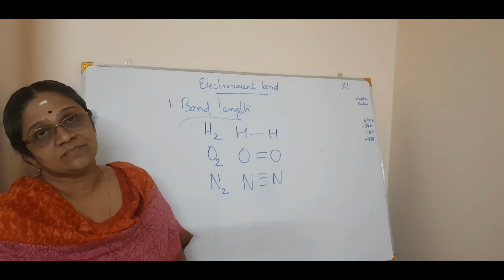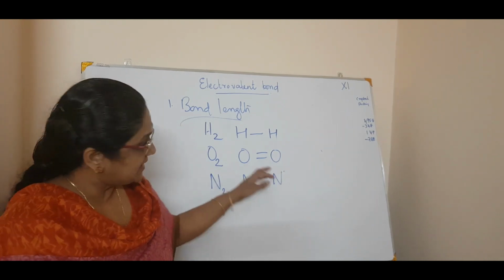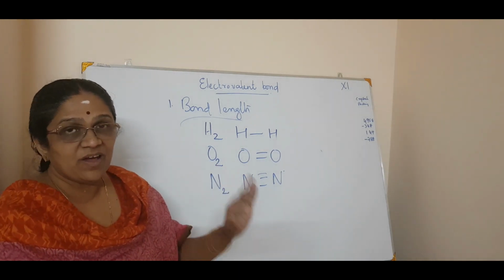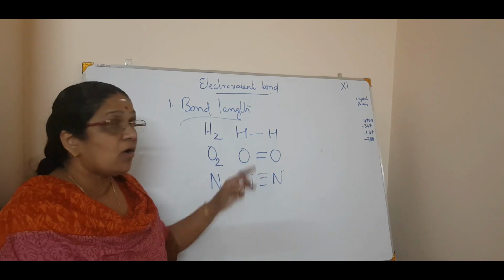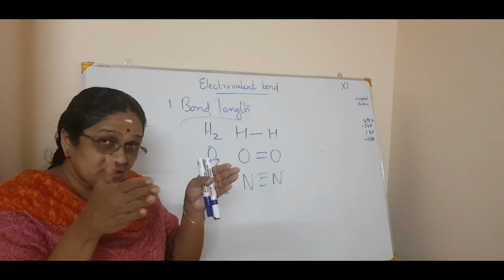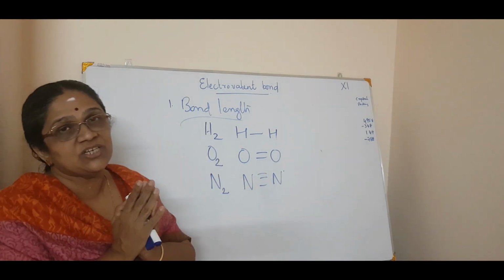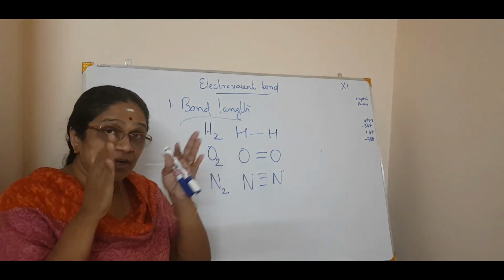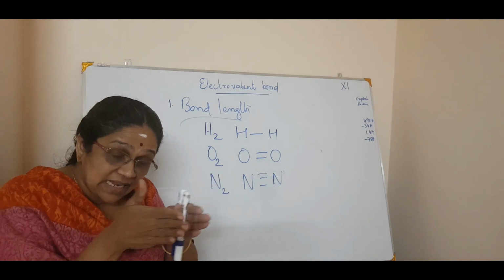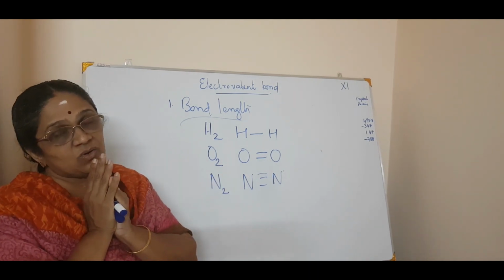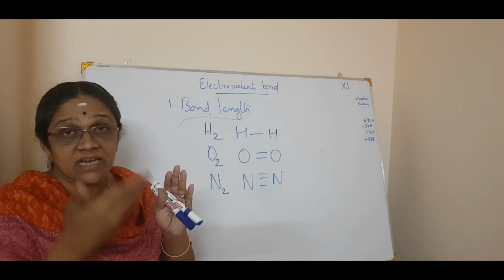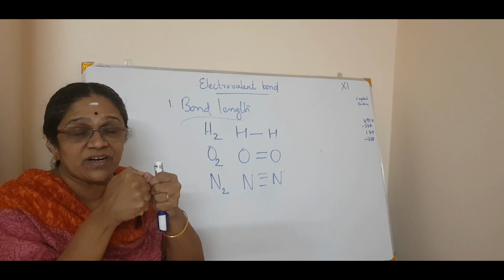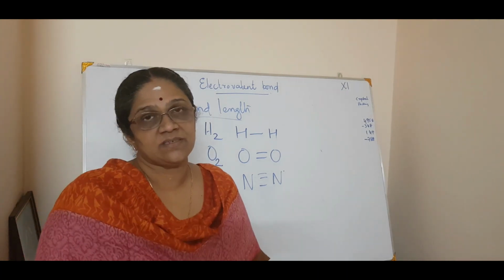In hydrogen molecule there is only one bond, so bond length has some value. But in the case of a double bond, the atoms are attracted and close to each other, so the bond length decreases. Again, for a triple bond, the bond length decreases further. So as the number of bonds increases, the bond length decreases because of the strong force of attraction between the two atoms. Just keep that in mind.